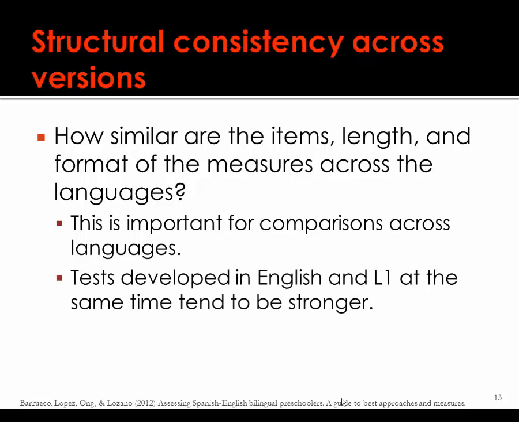In this regard, tests that are developed from a dual language perspective, that is, that are developed in English and in another language at the same time, are typically stronger, because from the beginning of the design of the test, the designers were thinking about the two languages.